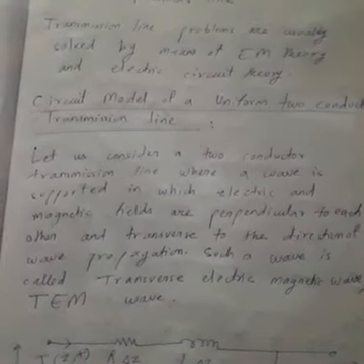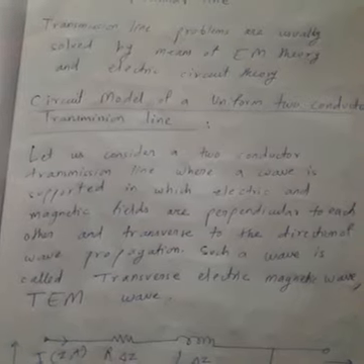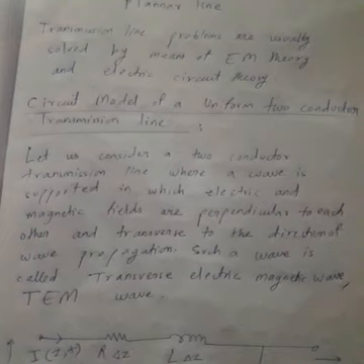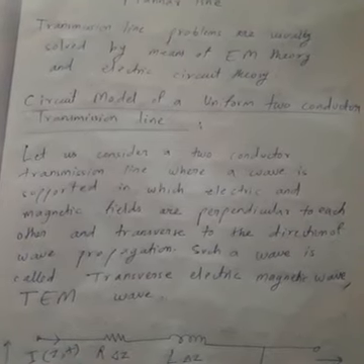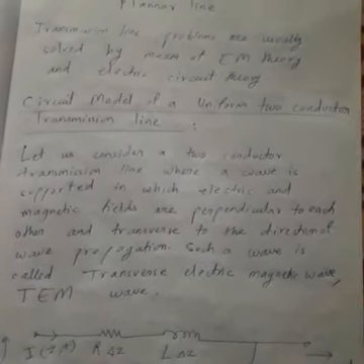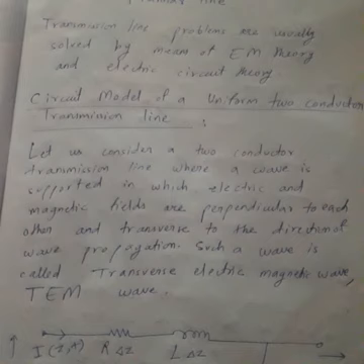This you have to remember. What type of wave are we considering here? We are considering the electromagnetic wave where electric and magnetic fields are perpendicular to each other. As usual, we have done this in previous classes, that we take the generalization that our electric field and magnetic field are perpendicular to each other.